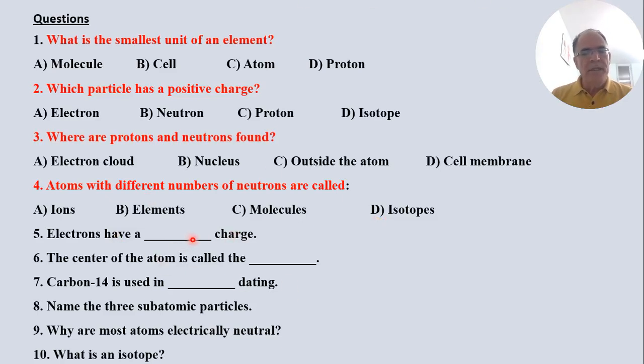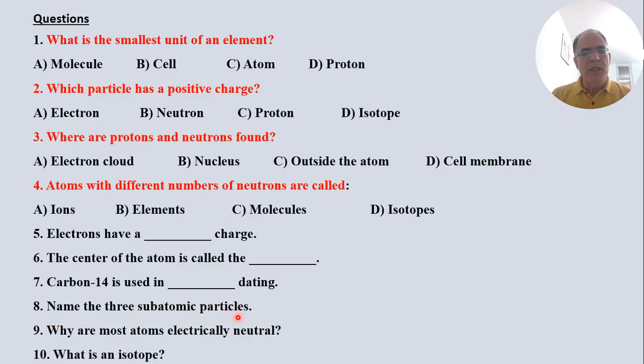Electrons have a negative charge. The center of an atom is called the nucleus. Carbon-14, for example, is an isotope. This isotope is used to estimate the age of old organisms or old organs, such as dentine or bone. Carbon-14 is used in isotope dating.